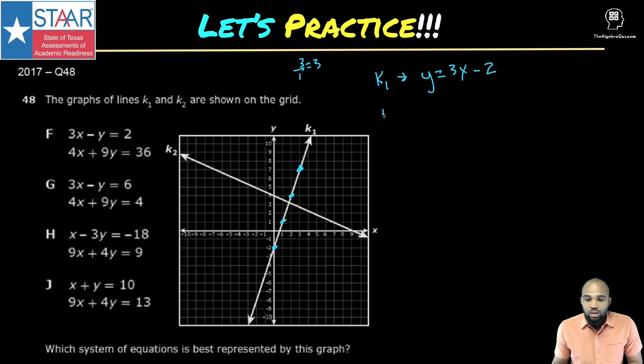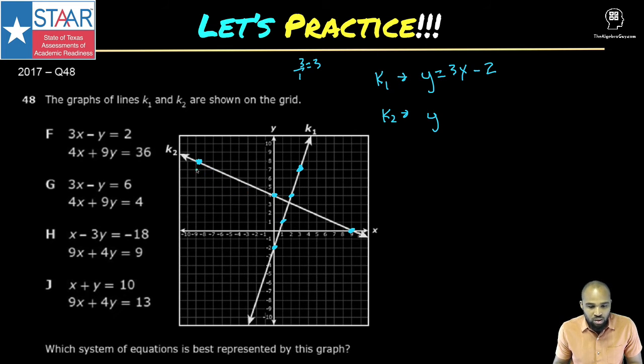All right, for my K2, what do we have? So we have a y-intercept of 4. Yay, that makes it so much easier. And what is our slope? So let's get some points. This looks for sure like a good point. This one doesn't look great. Maybe here.